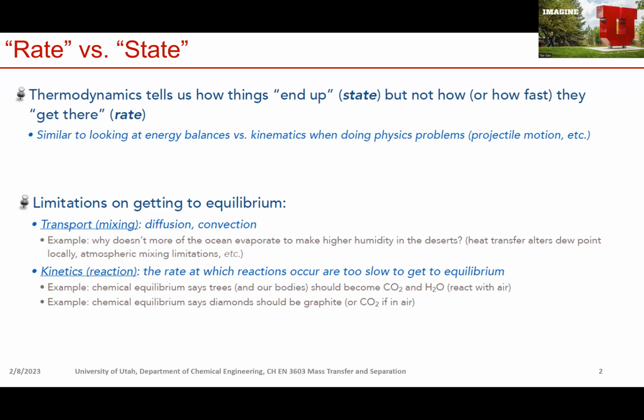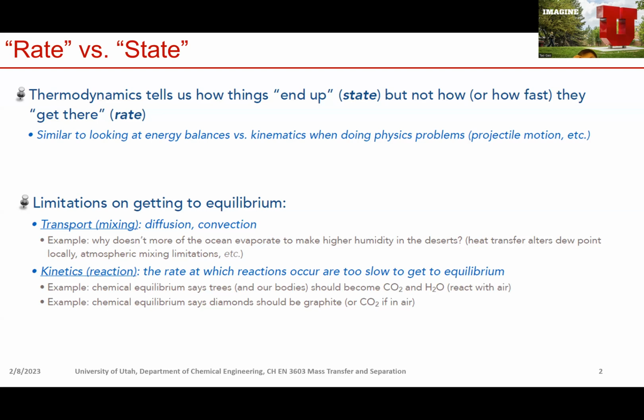The gas phase will have higher diffusivity than the liquid phase. And the same is true with solid, right? The liquid phase will have a higher diffusivity than the solid phase. So that's why the conversion between diamond and graphite is extremely slow, so that people buy diamonds.